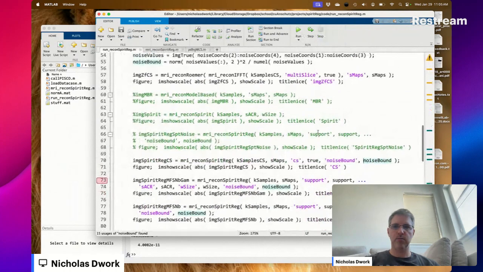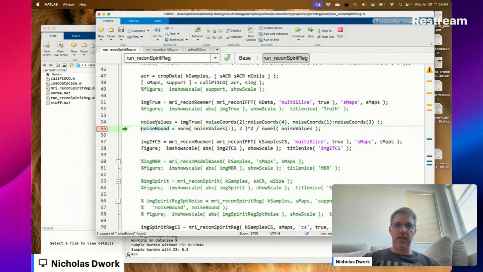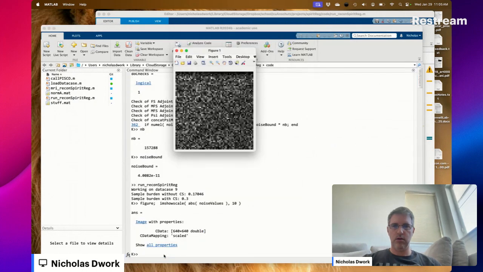Okay. These are noise values. Looks like noise to me.